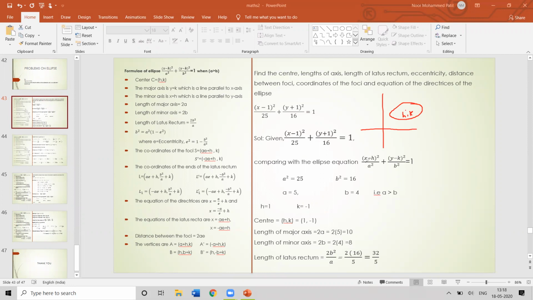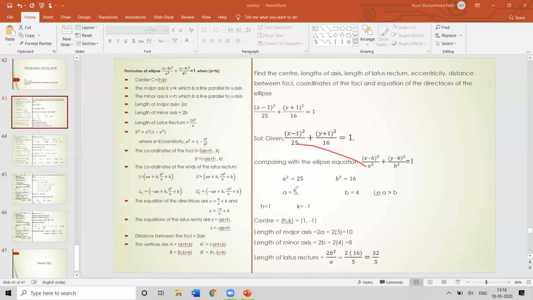When we compare this with our ellipse equation, that is (x minus h) whole square divided by a square plus (y minus k) whole square divided by b square is equal to 1, we can say that a square value is equal to 25. Taking the square root on the other side, square root of 25 is 5.